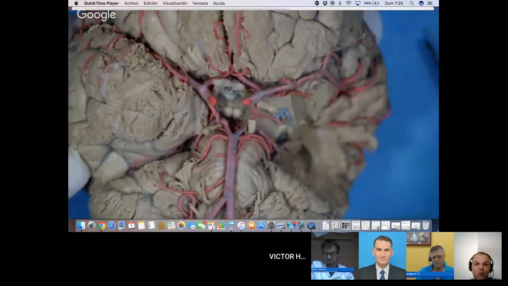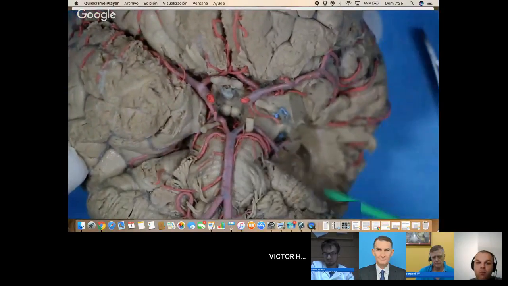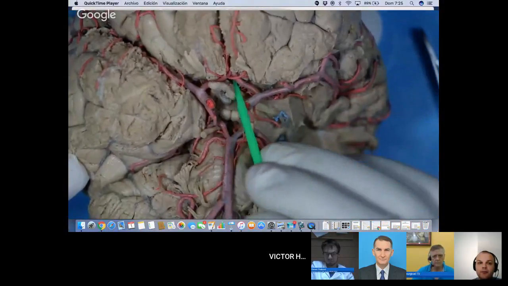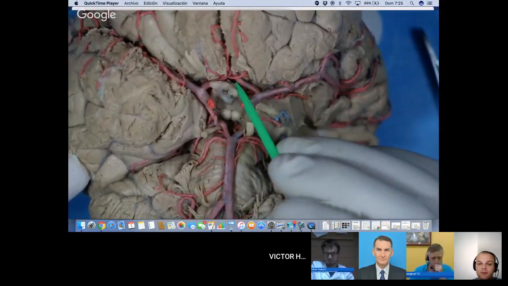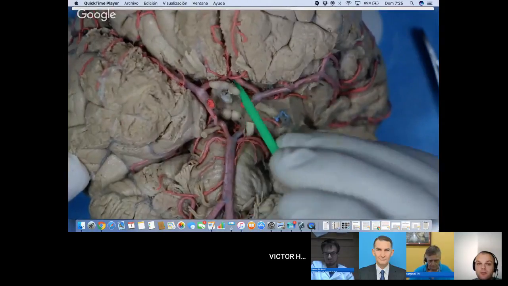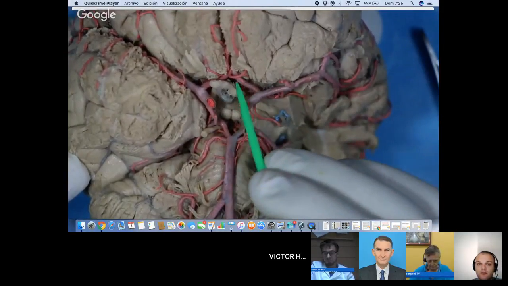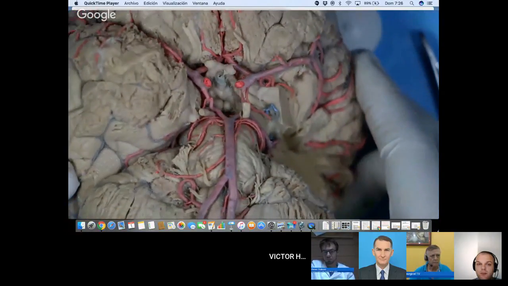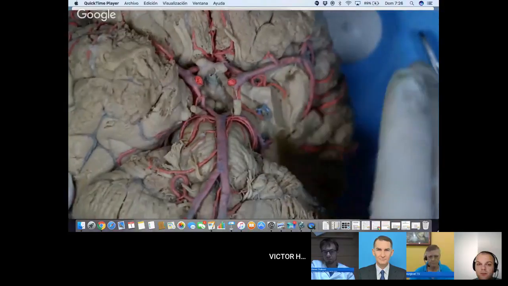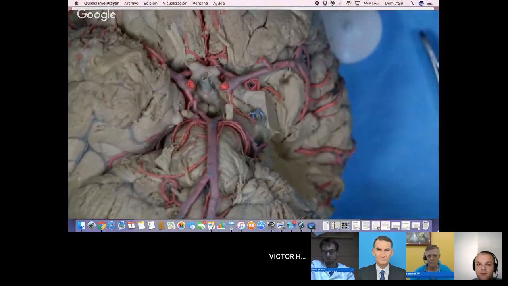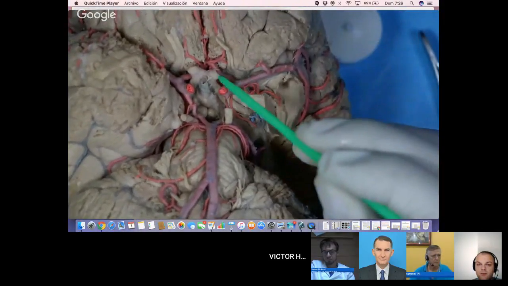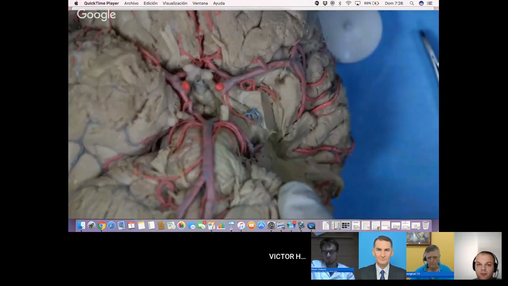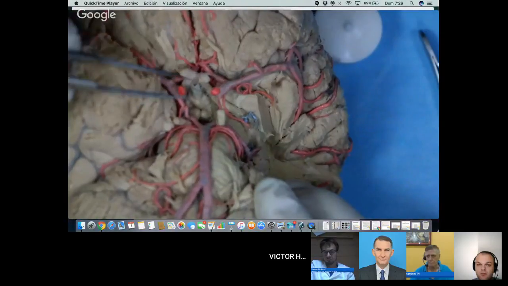Let me show you the Heubner recurrent artery. I cannot displace these arteries better because this brain was injected with plastic, rigid plastic.